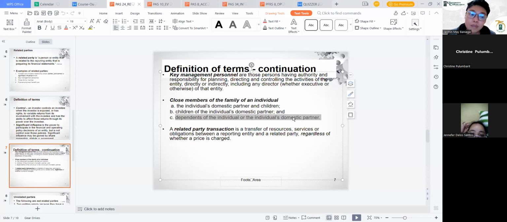Now, related party transactions. So kanina, a while ago, we already defined what is a related party. This time, related party transaction. This is a transfer of resources, services, or obligations between a reporting entity and a related party, regardless of whether a price is charged. So, ayun, the fact that your family member or direct family member is engaged or involved with transactions of our entity, whereas you are part of the board of directors or management. O, diba?